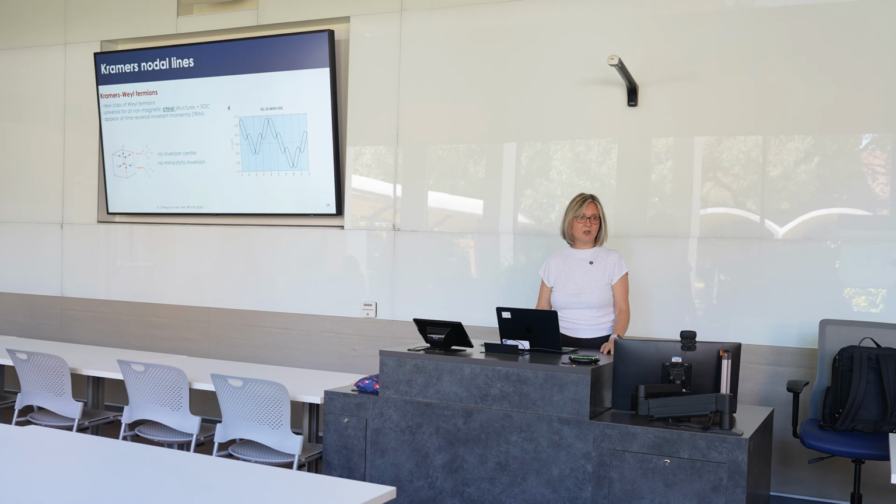These Kramers Weyl fermions are new fermions that, at the time when we started working on them, had been predicted theoretically. They show degeneracy in reciprocal space at some high symmetry points called time reversal invariant momenta, or TRIMs. There are these pinch points in this band structure, and the bands are split or non-degenerate away from those TRIMs.